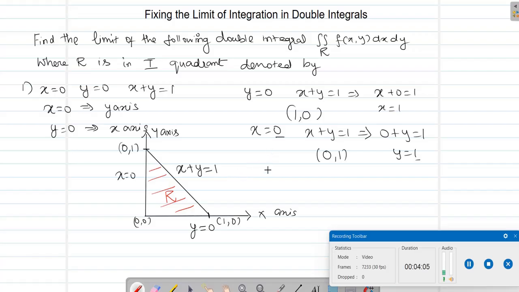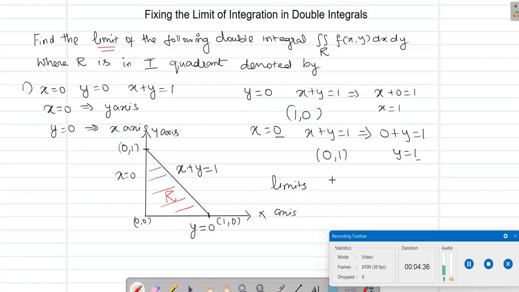Now to fix the limits, that is going to be our main objective. So how to fix the limit? You need to keep in mind that if the limits are not going to be constant, the region will not be a rectangle, but it is going to be some other shape. Only if the limits are constants for both the variables, will you have the region of integration as a rectangle.